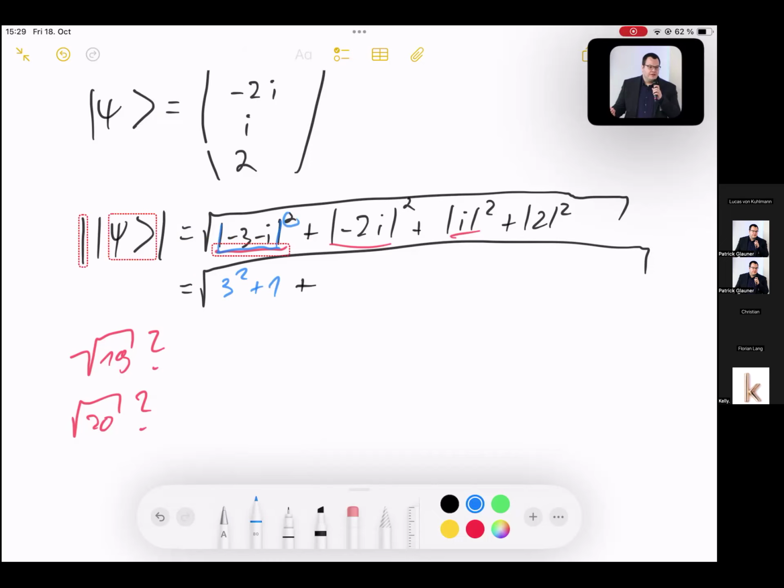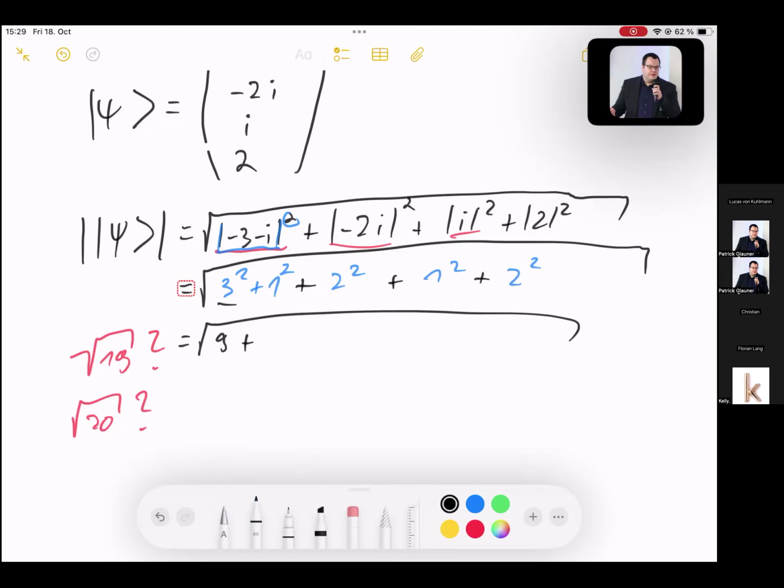I cancel this out, so I can just leave it out. So it's 3 squared plus, well, technically speaking, 1 squared plus 2 squared plus 1 squared plus 2 squared. So this is 9 plus 1 plus 4 plus 1 plus 4. And that's the square root of 19.